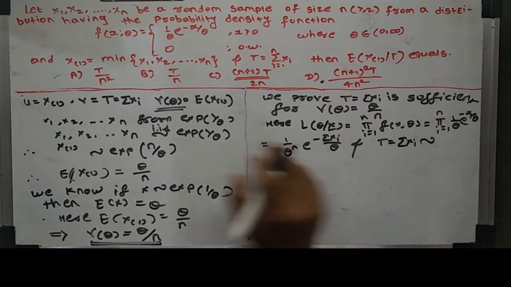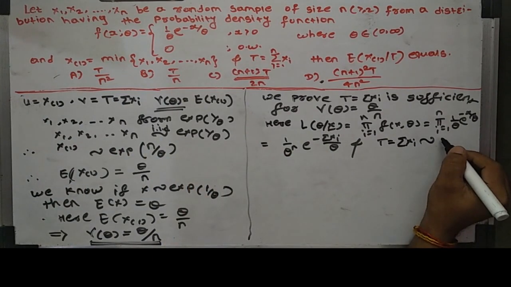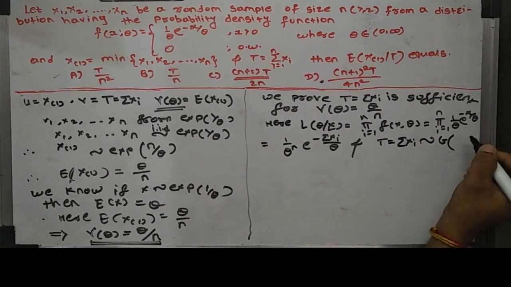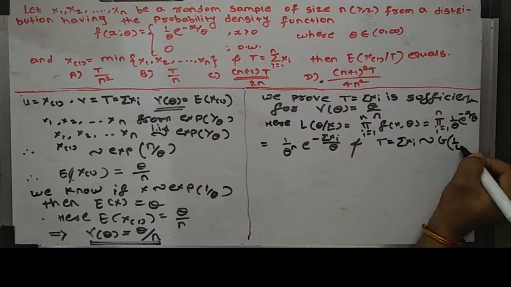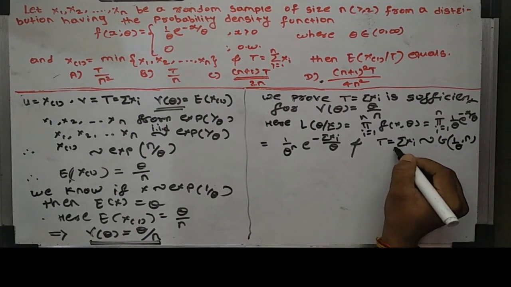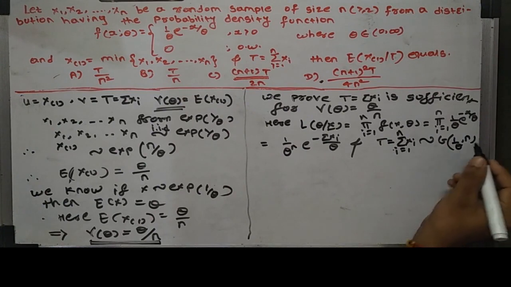Here x1, x2, ..., xn are exponential with mean theta, therefore summation of xi follows gamma with parameter 1 upon theta comma n, because here we have a random sample of size n.